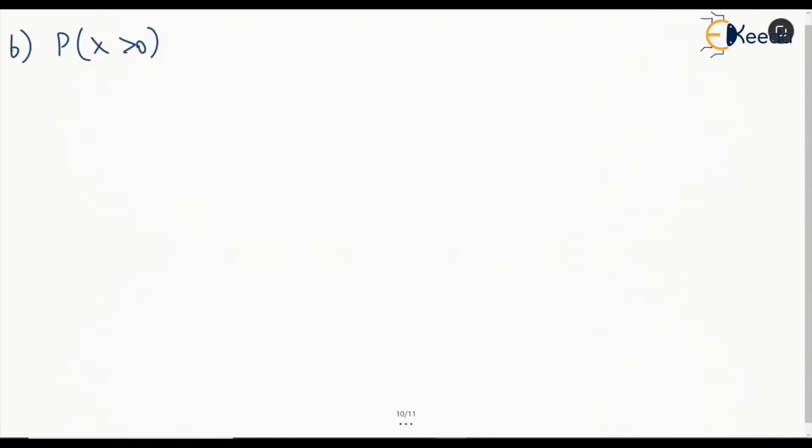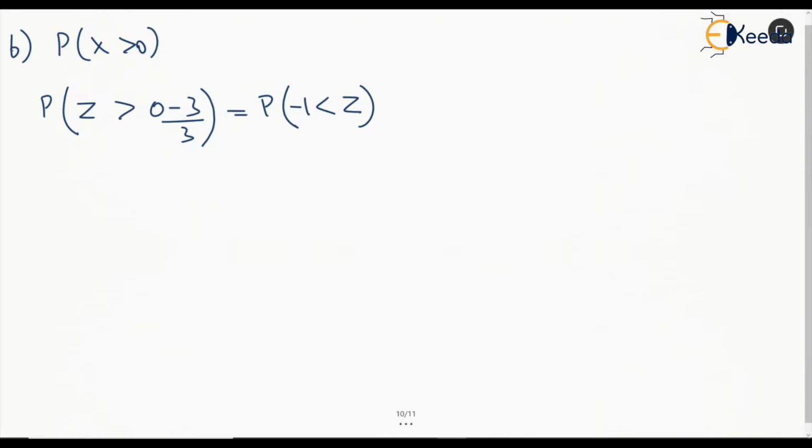So this will be probability of z greater than 0 minus 3 by 3, or this is going to be probability for z greater than minus 1, right? So z greater than or equal to minus 1.